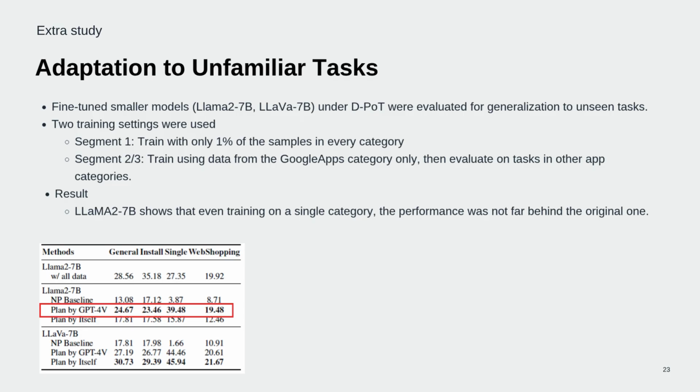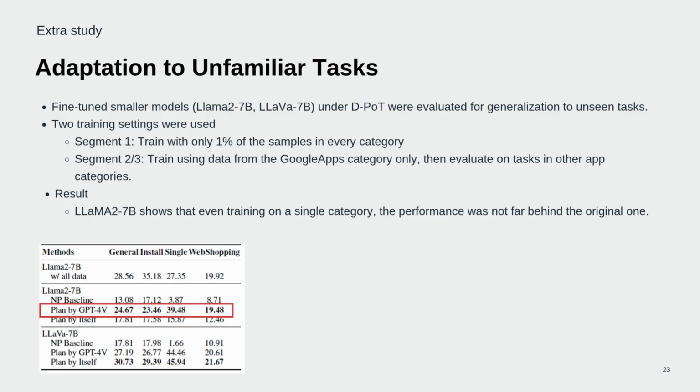Here, the authors also tried another extra experiment. They fine-tuned smaller models, Llama 2 7B and LLaVA 7B, under DPOT. They were evaluated to check generalization to unseen tasks. Two training settings were used, separated into three segments.